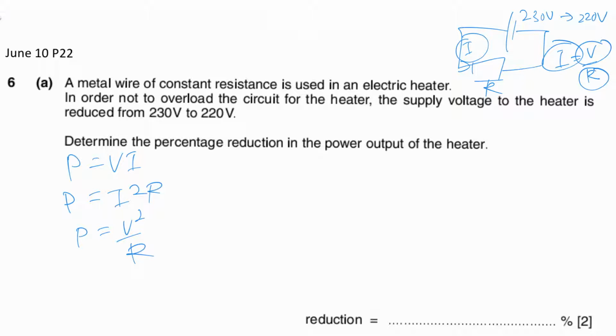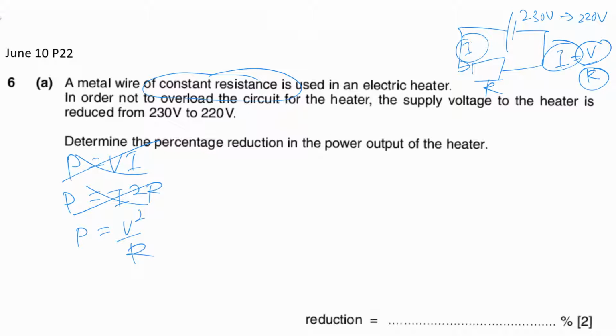It changes. So current is not constant, so we cannot use this. And since voltage is not in the P equals I squared R formula, we also cancel this. So we are left with P equals V squared over R, because they did mention that the resistance is constant. So we will solve using P equals V squared over R.